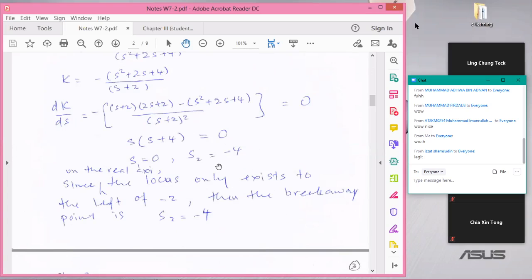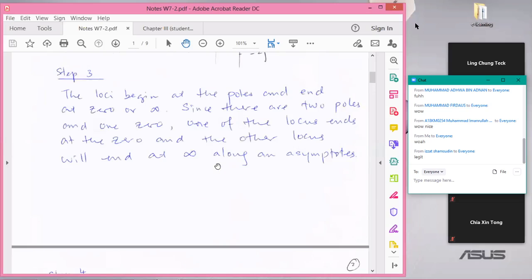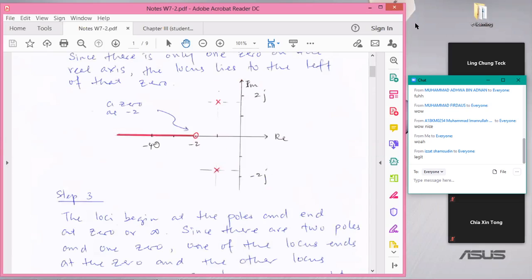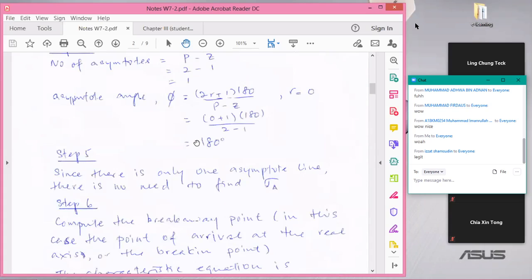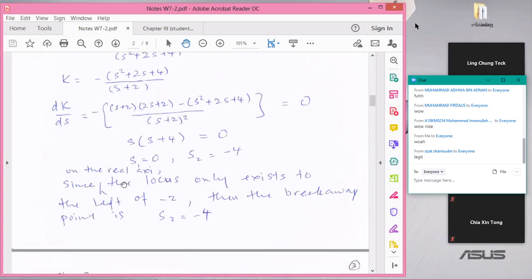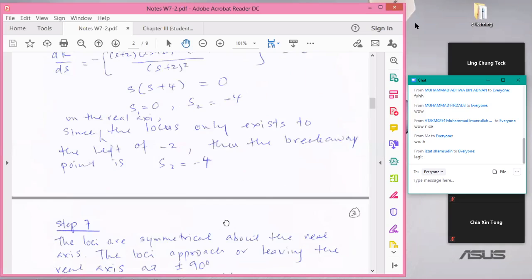We take s equals -4 because -4 is located on the locus. There's no locus to the left of -2, so we drop the first solution of 0 and only maintain -4. So this is our breakaway, or in this case, it's a break-in point. It is where our locus will enter the real axis.